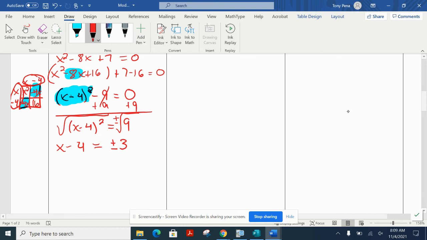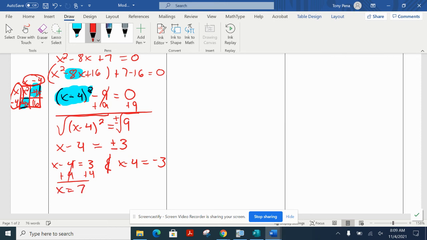From there, we set up our two different equations. x minus a 4 equals the +3. And we took x minus 4, set it equal to a -3. Notice now what's going to happen when we solve these. If I add 4 to both sides, notice how we get the value of 7.